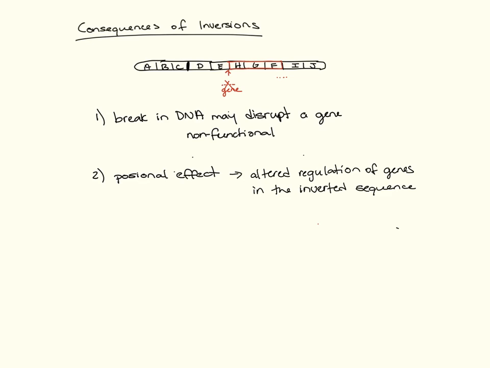So again, these are positional effects because it doesn't affect the function of the gene itself, it affects the expression or the regulation of that gene. So this can have an effect like when a gene is expressed during development, or when during the cell cycle it might be expressed, or which cell types might express a certain gene. So these are all because of altered regulation.